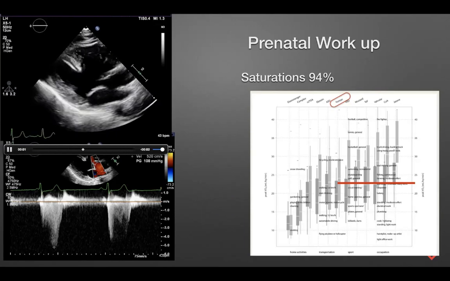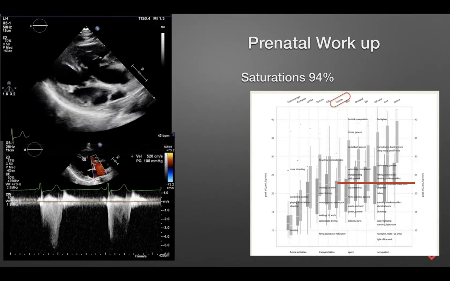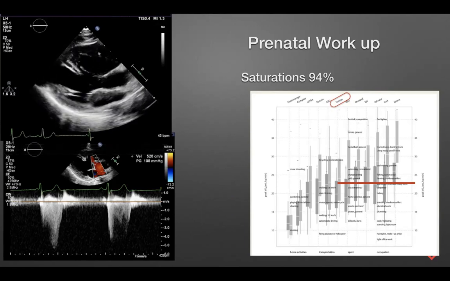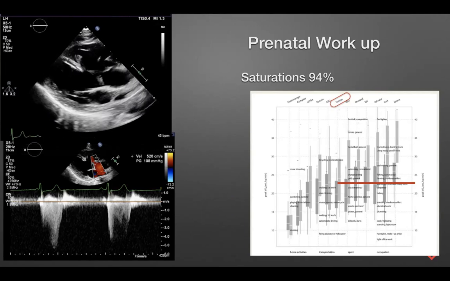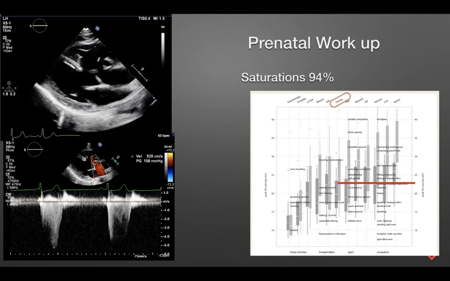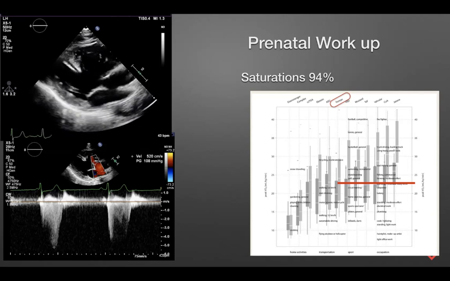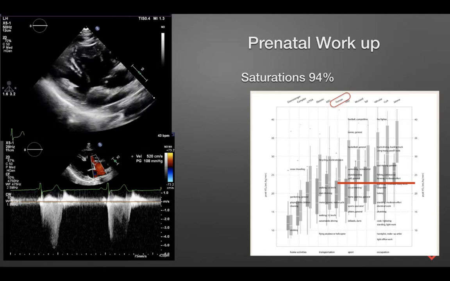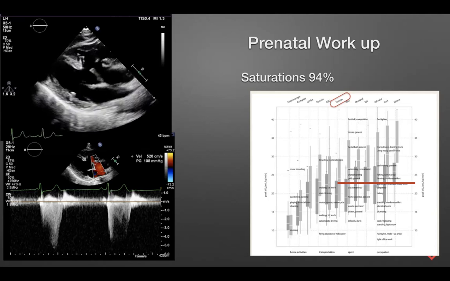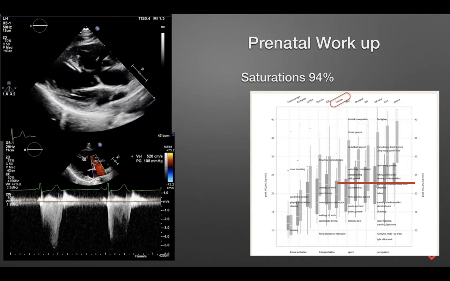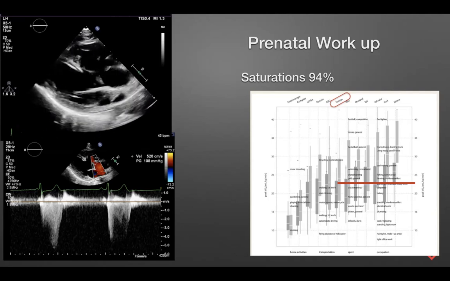When you are looking at the Doppler through the AV valves, this patient has what you could call tricuspid regurgitation, which is important to recognize as systemic regurgitation. The peak velocity here is 5.2 meters per second and 108 millimeters of mercury. Remember, this is not a reflection of pulmonary artery pressures. It is a reflection of systemic pressures.